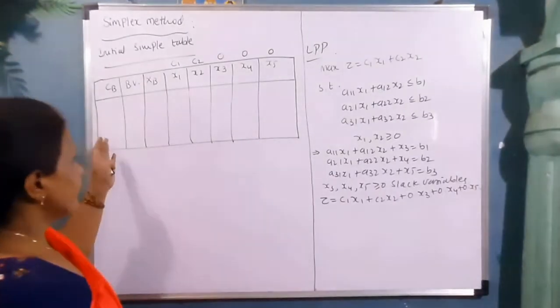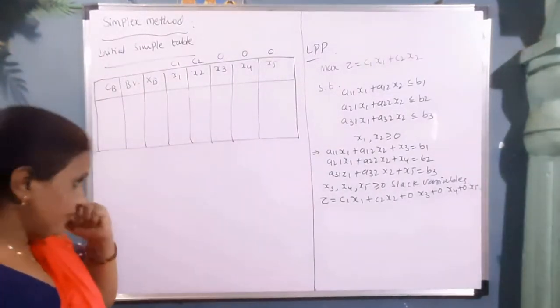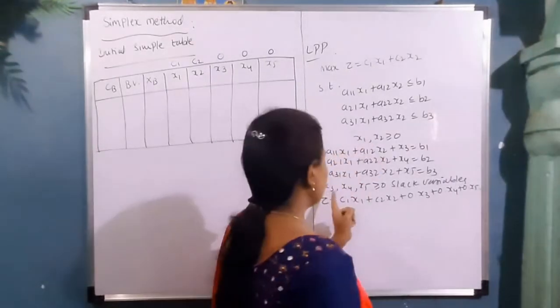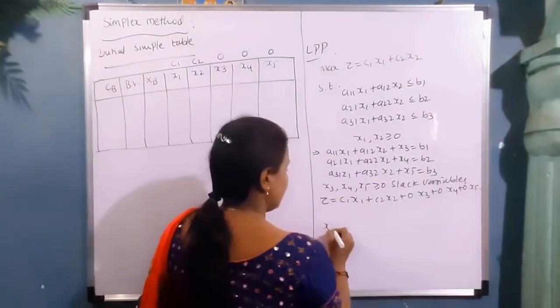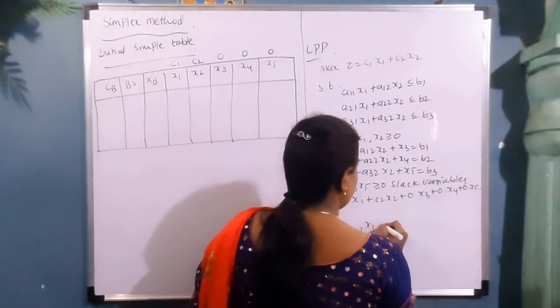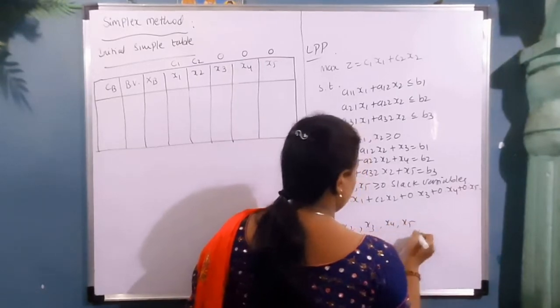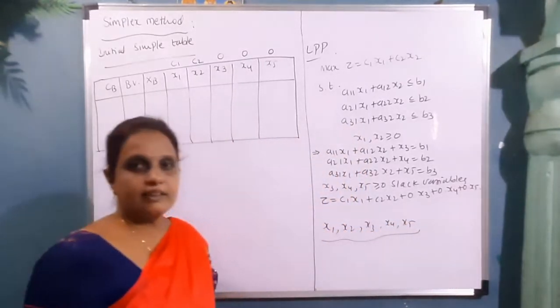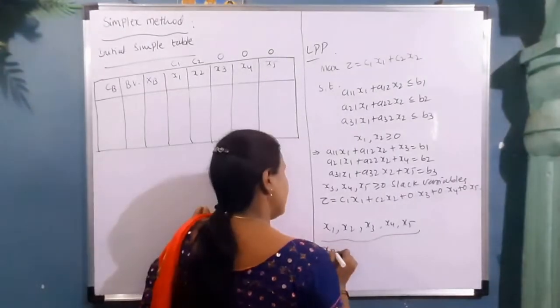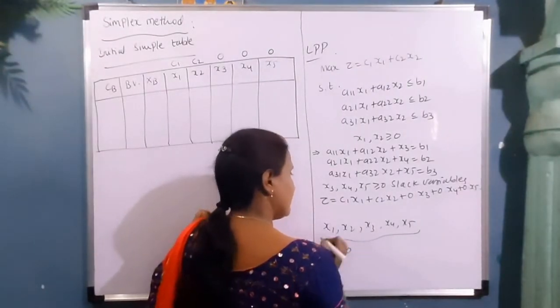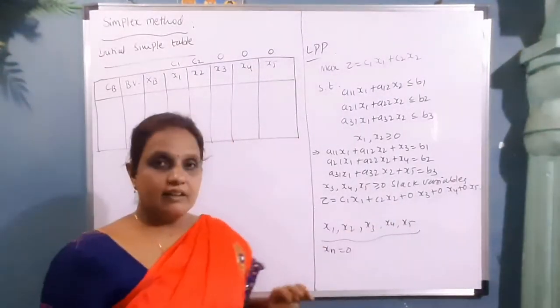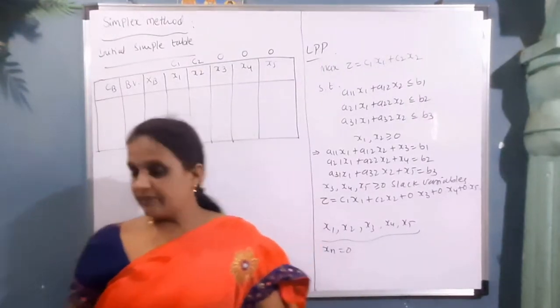To write that, we need the basic variables. Among x1, x2, x3, x4, x5, the n variables will be taken as 0, and the remaining variables are called basic variables, whose solution will be obtained.